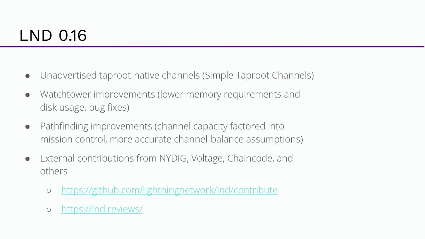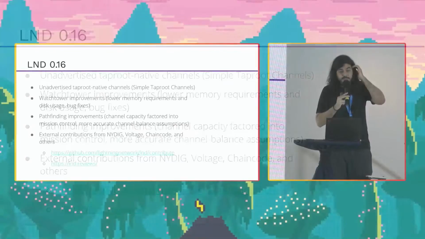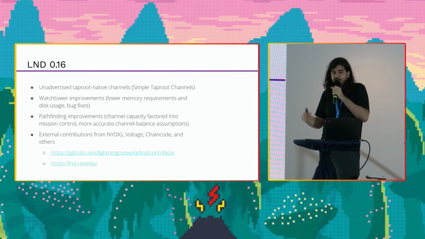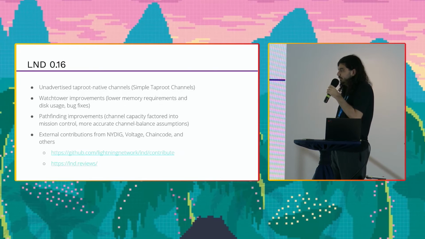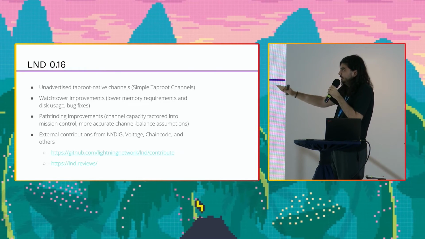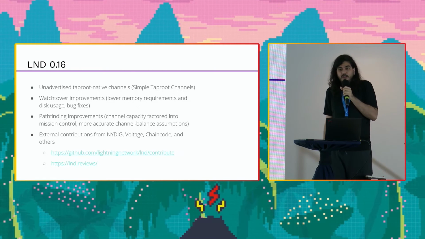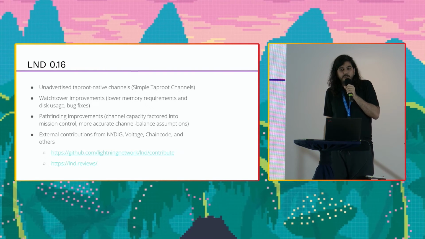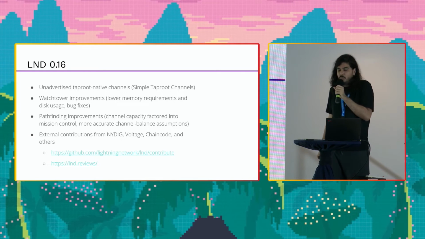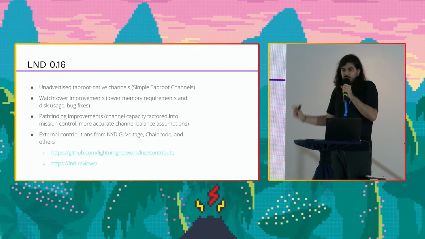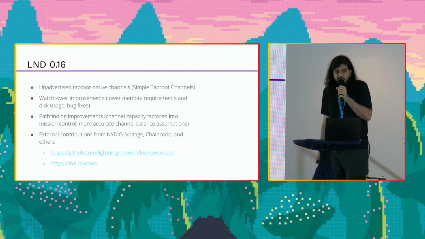And the next step before this is working on the gossip layer of Lightning for it to understand Taproot, and in the future also PTLCs. So a long road that we need to go through, but these unadvertised Taproot native channels will be already what we need for Taro to happen on Lightning. So once we have this in LND 0.16, this is what we need for Taro on Lightning to be possible too.